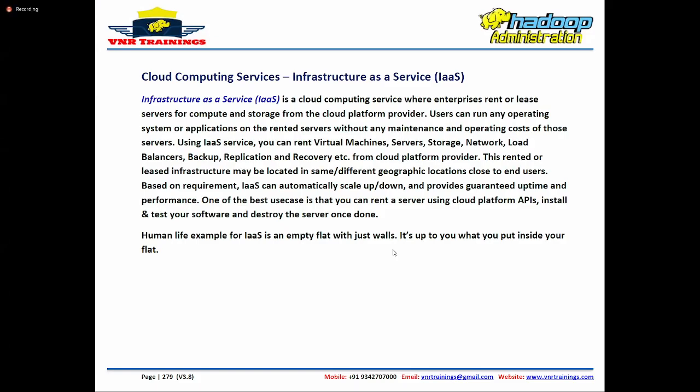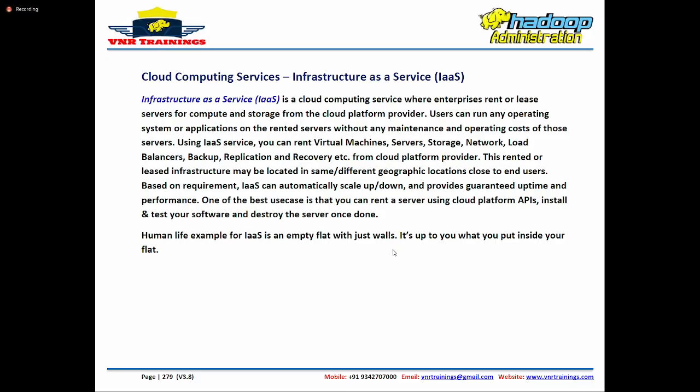You can request anywhere in the world. You want a server in the US region? Yes, you can request a server in the US region. It's up to you where you want to create your hardware, your rented infrastructure.